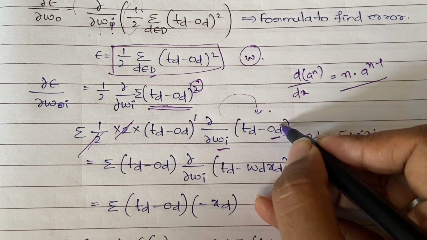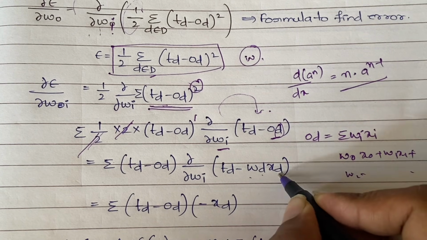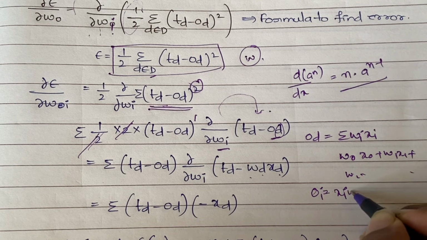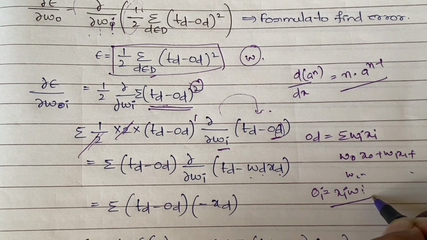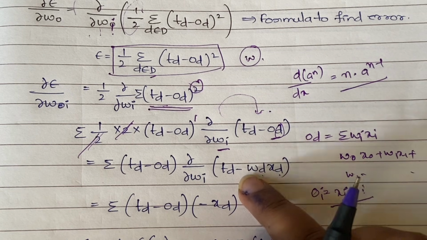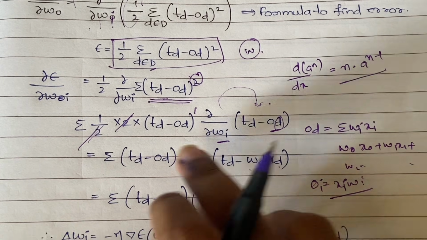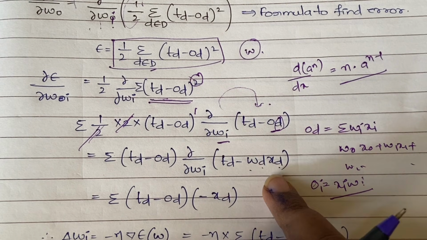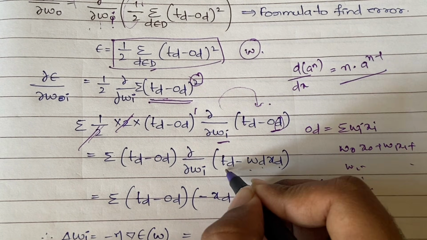So here, as we are having wd xd, the output of i is nothing but xi into wi, you can say simply in general. Okay, so since it is d, you are substituting wd xd. Now you need to do the differentiation d by dw of td minus wd xd. What will this td become?